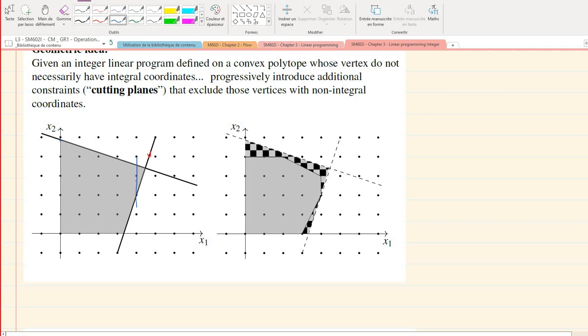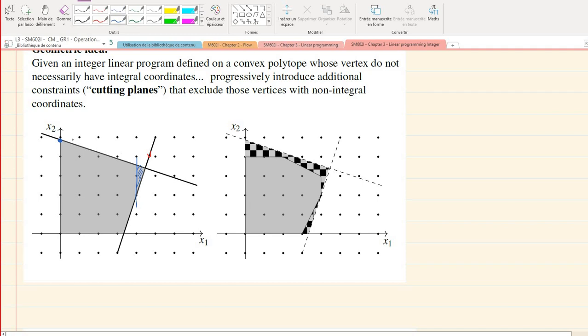If you do this and then you solve your problem again, if you remove this part and you solve your problem again, what will happen? You might find again this point as the point that will maximize your problem.